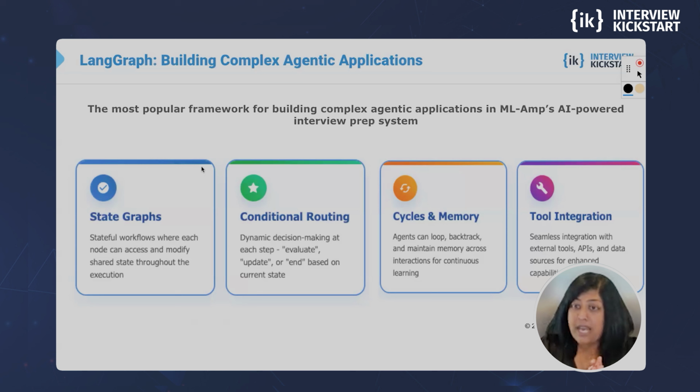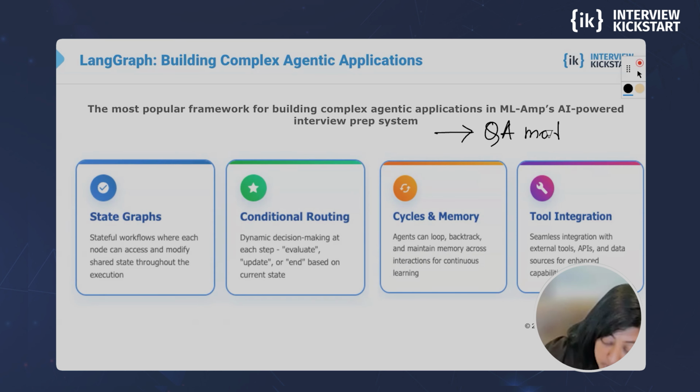I've spoken about MLAMP's agents, and I dove deep into the personalized routing agent as an example. Now, I also use LangGraph workflows to orchestrate all of these agents so they are working together within MLAMP's AI-powered interview prep system. MLAMP has 2 modes that it operates in: a question answering mode and a practice session mode.